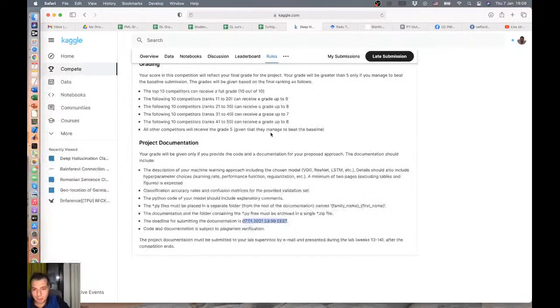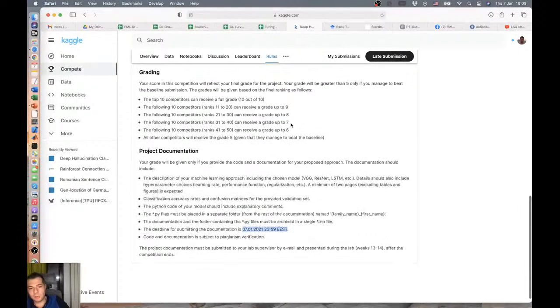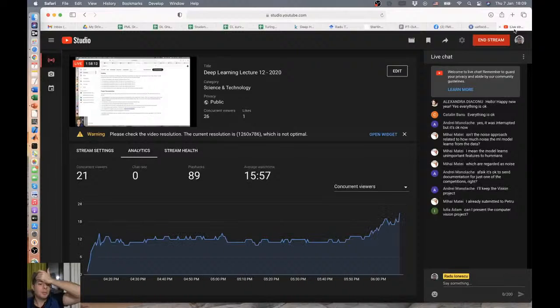I know here, I think it's written that you have to submit it to your lab supervisor, but I think it's better to submit it to this joint email address. I have to look for the email address because I don't know the exact address right now. And once I find it, I will communicate it to you through the lab students.